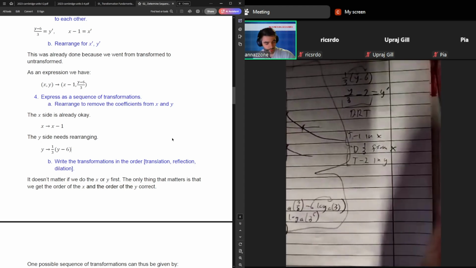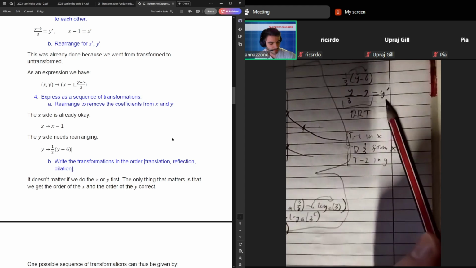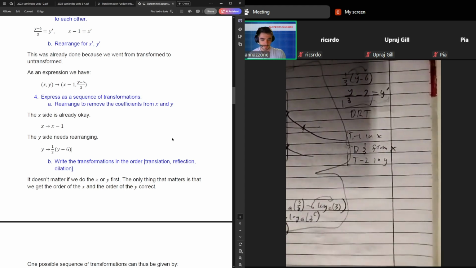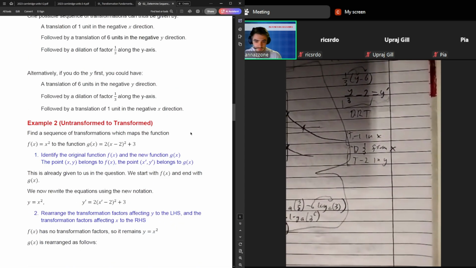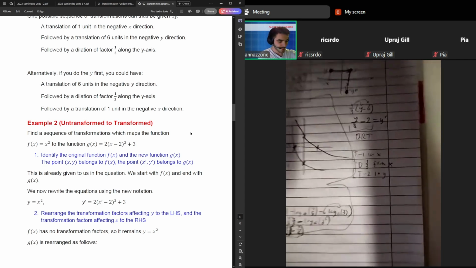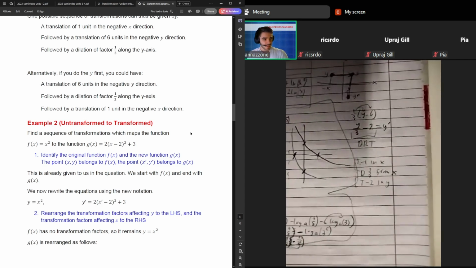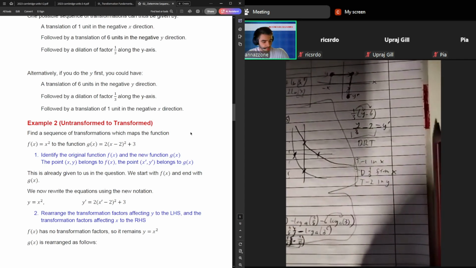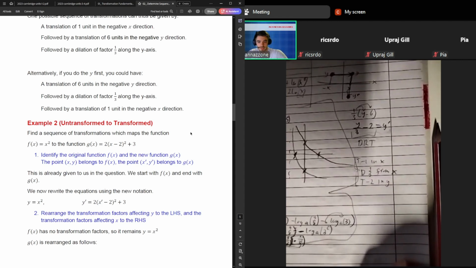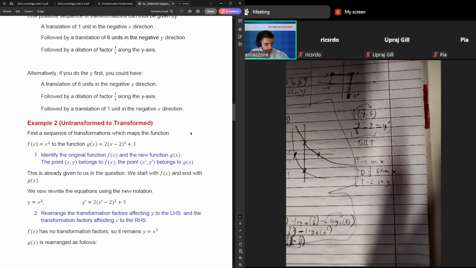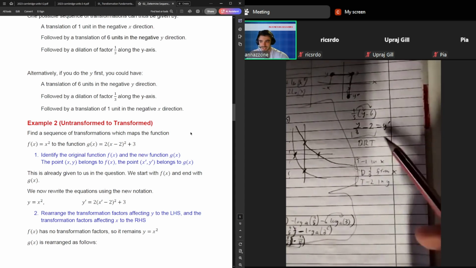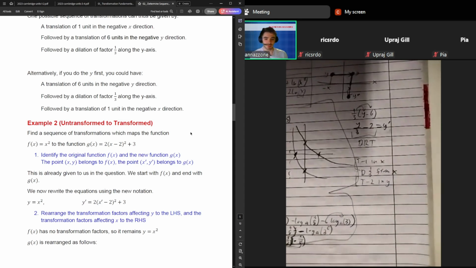So, different order depending on whether you expand or whether you factorize. Book does this. So, if you're going to pick one, then it's really up to you which way you want to go about it. As far as what would be best to go with, because there are so many possible answers to transformation stuff, what you'll find in the exam is they'll give you a question which is exactly like this. Figure out a sequence of transformations.